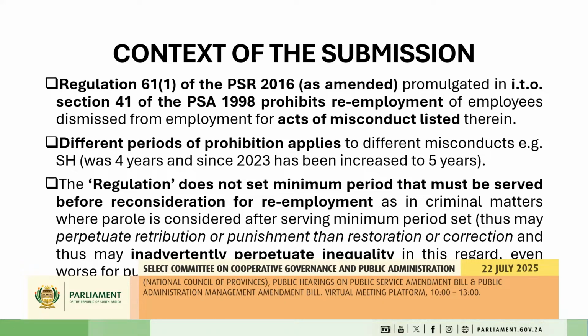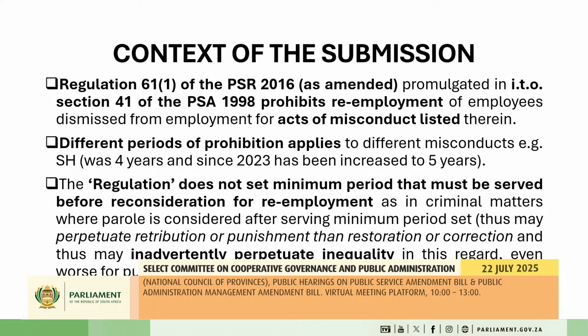That is the particular regulation, but before one gets to the regulation, there is an empowering provision in the legislation that gives the source of power to the minister designated to regulate the public service in terms of discipline matters.